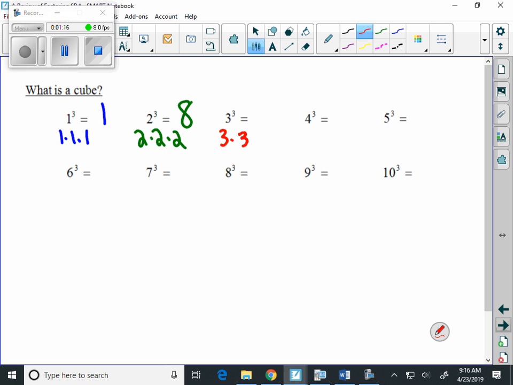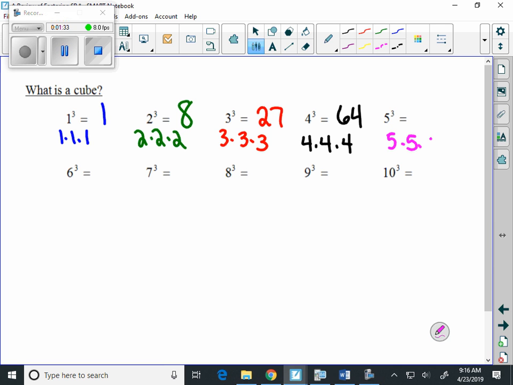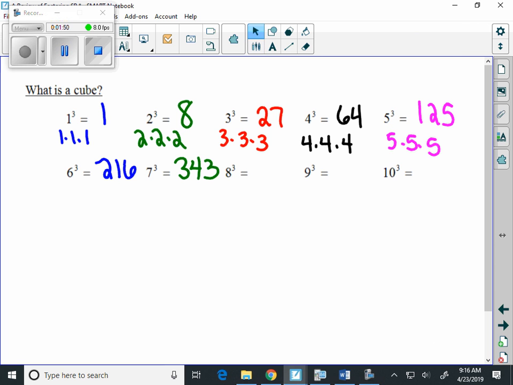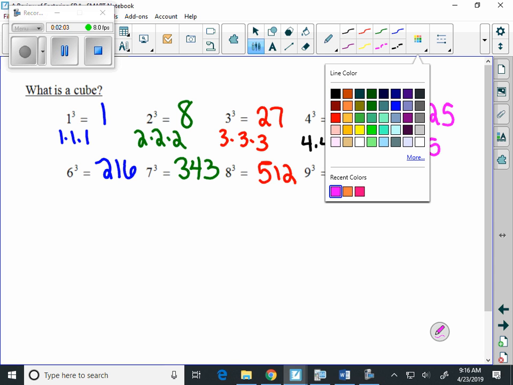Or 3 times 3 times 3, 27 is a perfect cube. 4 cubed, 4 times 4 times 4, which is 64. 5 cubed is 5 times 5 times 5, which is 125. 6 cubed, 6 times 6 times 6, 216. 7 cubed is 343. 8 cubed is 512. 9 cubed is 729. And 10 cubed is 1000.